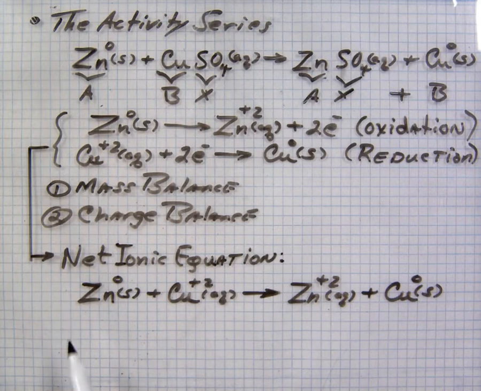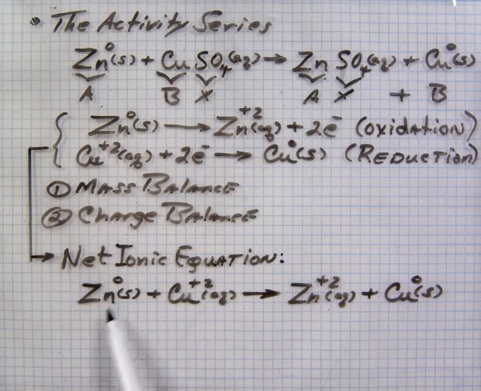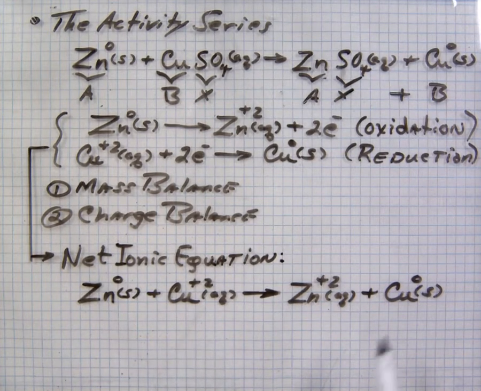And here we see where zinc as a solid undergoes oxidation to reduce the copper to copper standard state, and then zinc becomes aqueous ion +2.